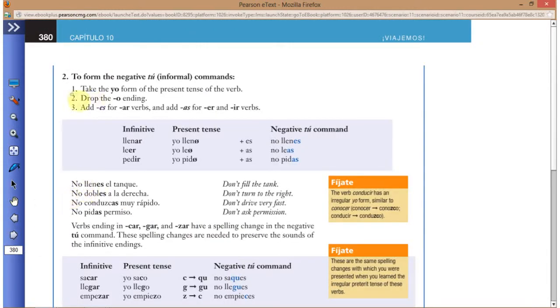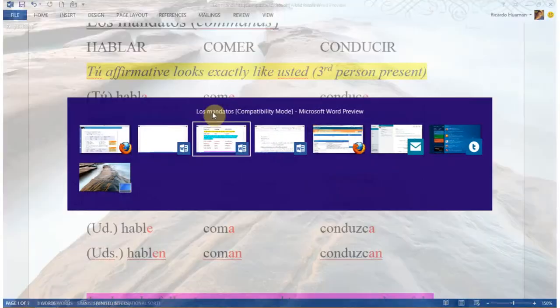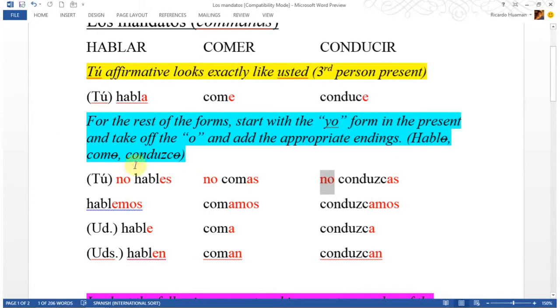Okay, so to form the negative tú command, you have to take the yo form of the present tense of the verb, drop the o ending, add es for AR verbs, and add as for ER, IR verbs. Let's go back to this.